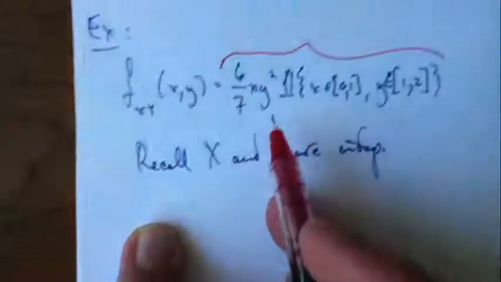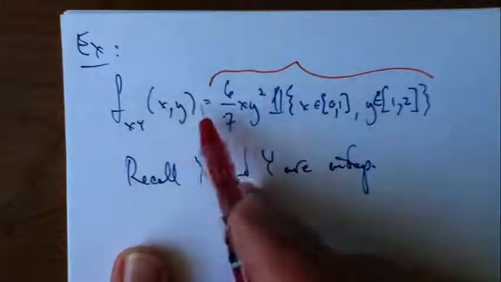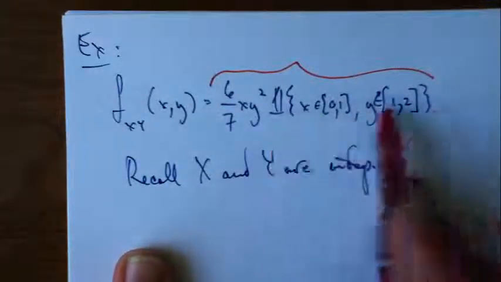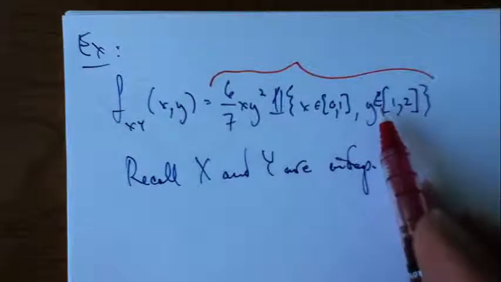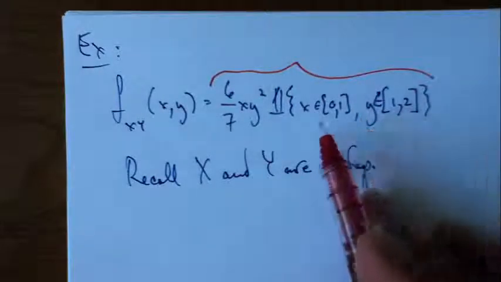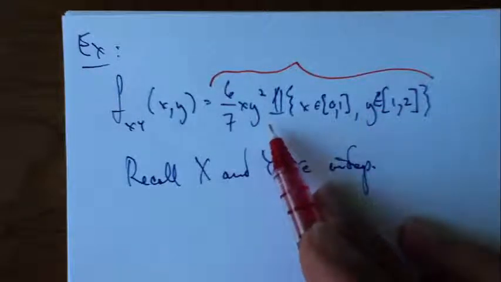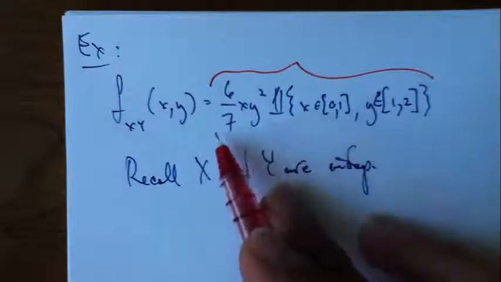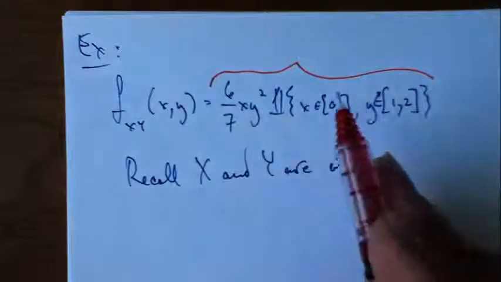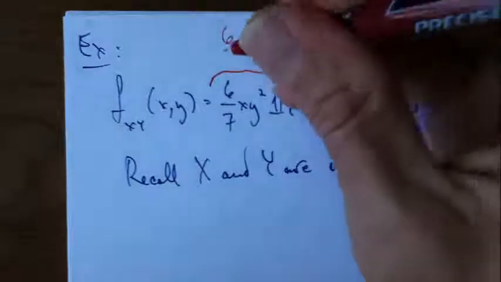And just to remind you, remember, you want to be able to look at these joint density functions and see if you can partition them as products of functions, where one function is purely a function of one variable and the other function is purely a function of the other.